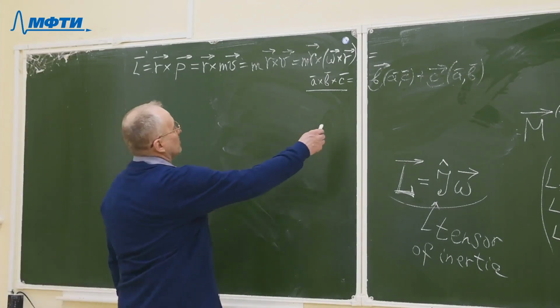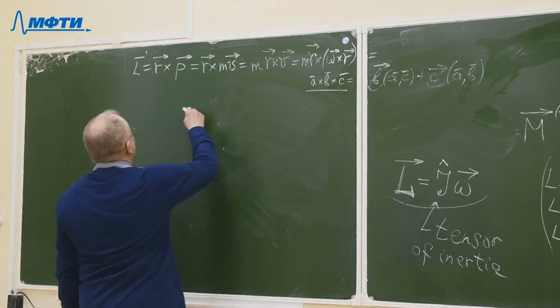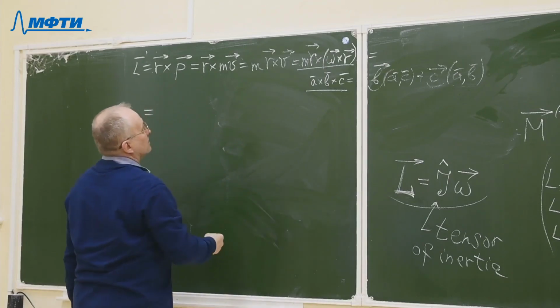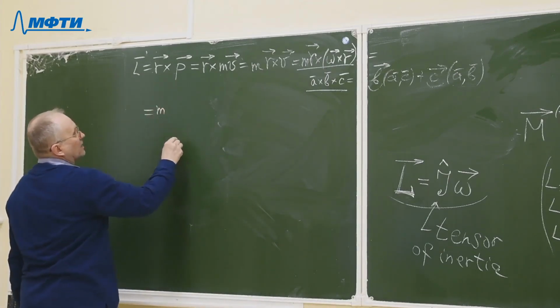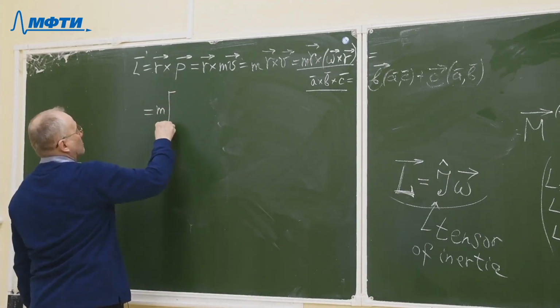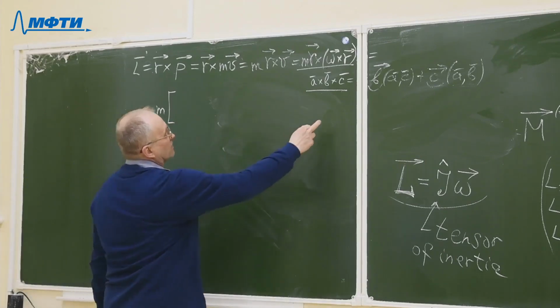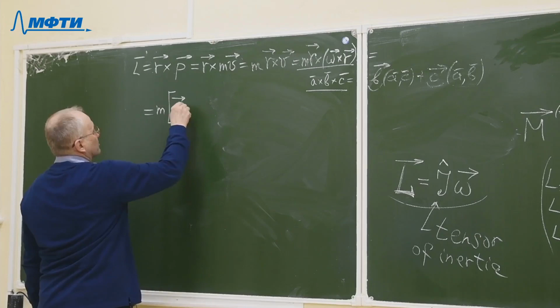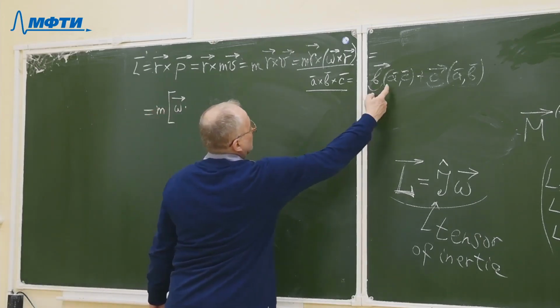Okay, so if we use this formula, then the angular momentum can be written in the following way. That will be first vector B, that is omega, multiplied by the scalar product of AC.